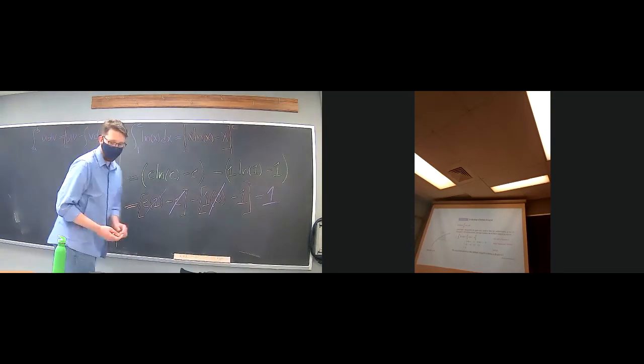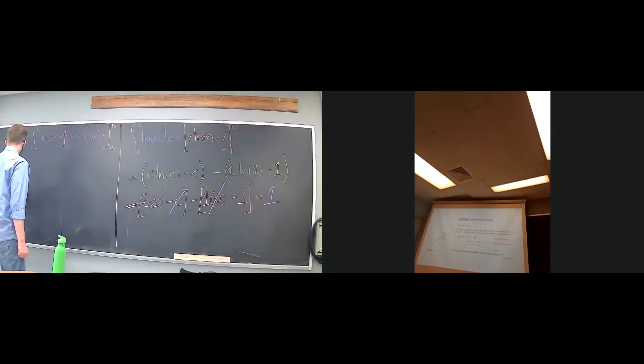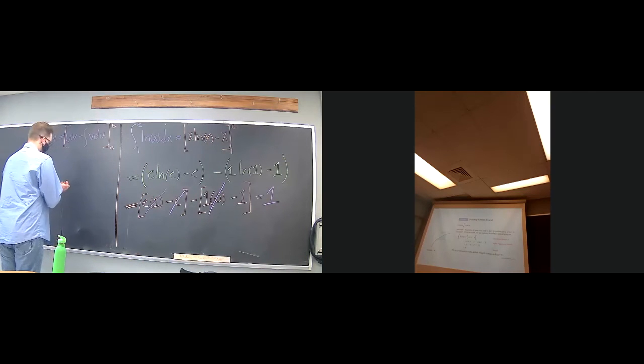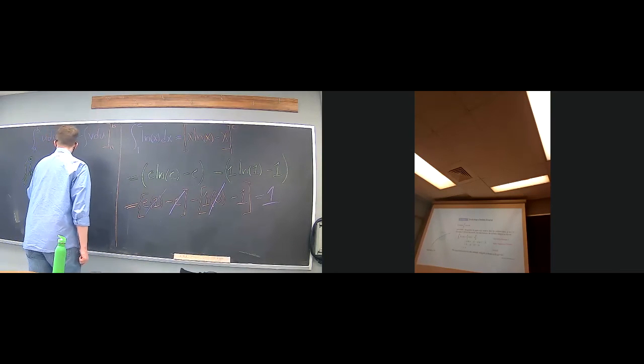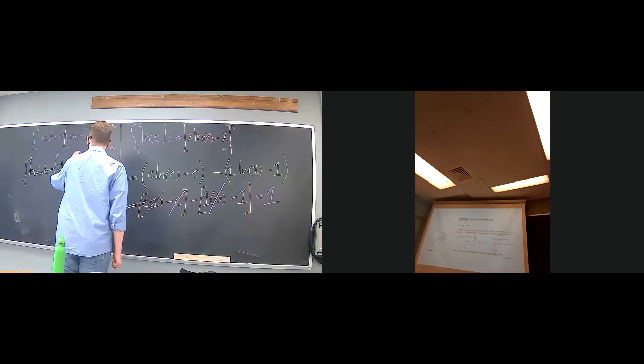Having said that, just to break this up a little bit more and show it in detail, what I've done is I've said the integral from 1 to e of ln of x dx is equal to x ln of x minus the integral of dx from 1 to e.